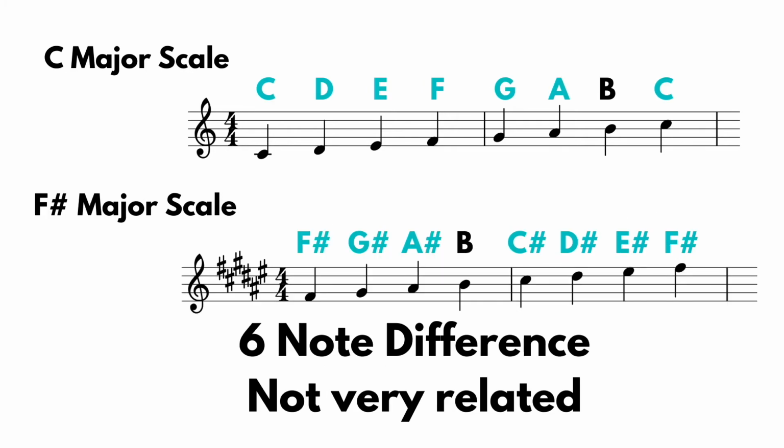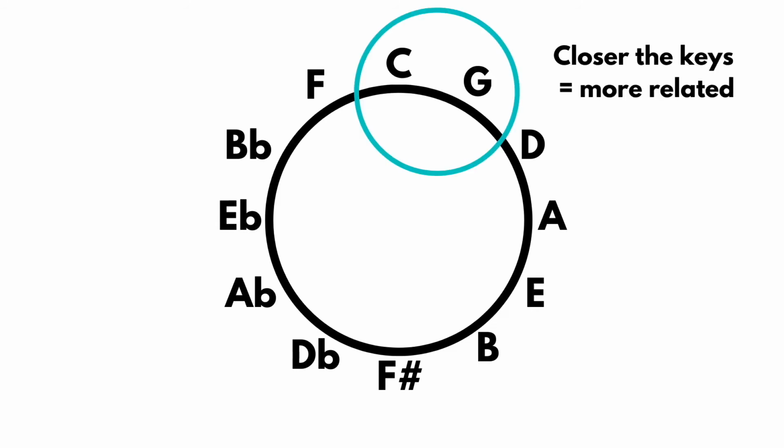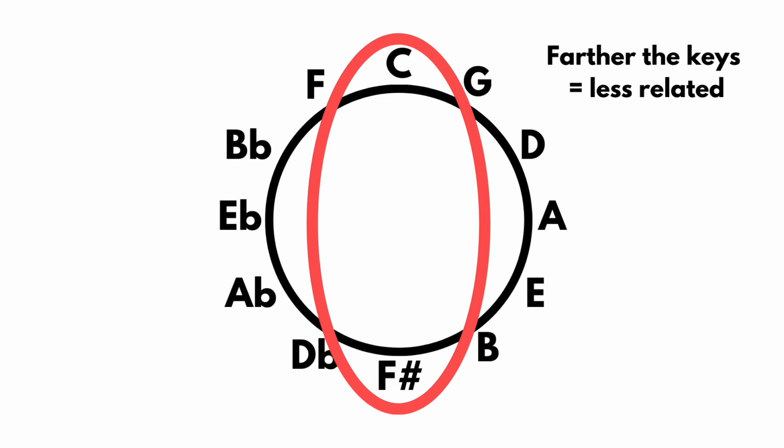C and F sharp are not so related because they have many notes that are different. In the circle of fifths, it shows you which keys are related based on their position within the circle. The closer the keys are on the circle to each other, the more related they are. And the farther the keys are on the circle, the less related they are.